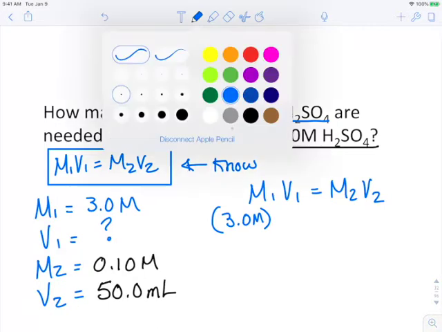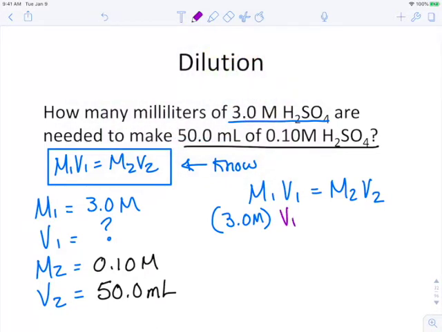I don't know my V1, so I'm just going to write V1. M2 is 0.10, and V2 is 50.0 milliliters. Any questions on how I set this one up?